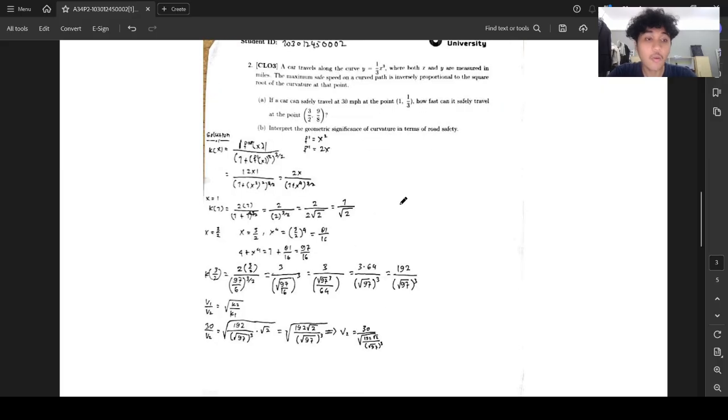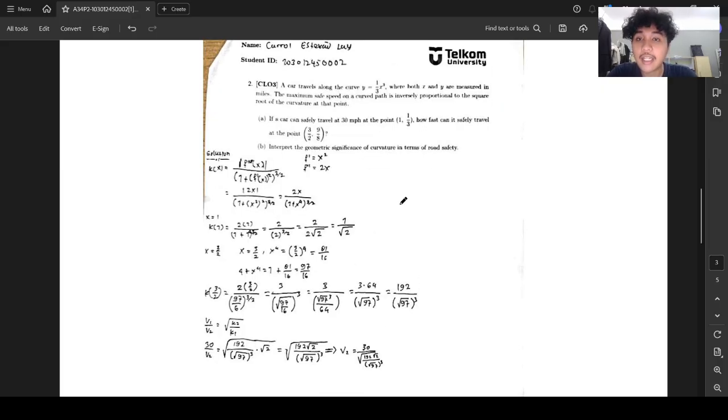Okay, now we're heading to the second one. The second question is, a car travels along the curve y equals 1.3 x cubed, where both x and y are measured in miles. The maximum safe speed on a curved path is inversely proportional to the square root of the curvature at the point.